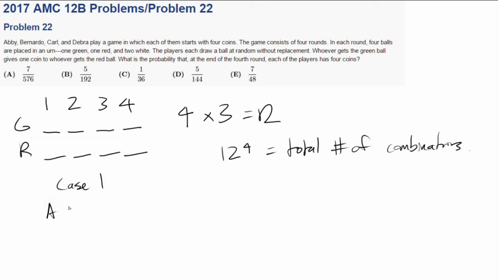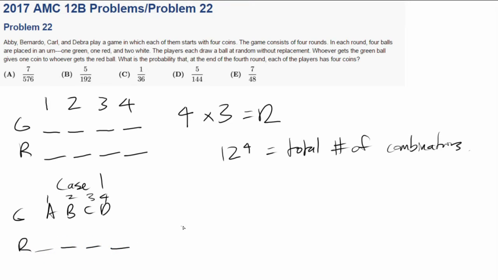Case 1 is that A, B, C, D all get a green ball in some rounds, and then they reappear getting red balls in other games.